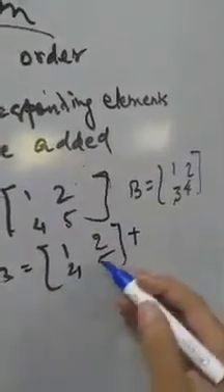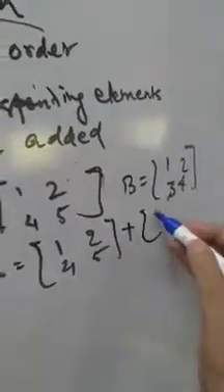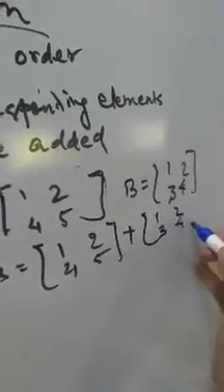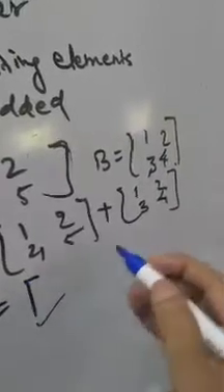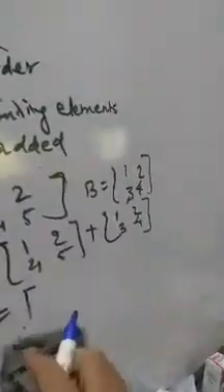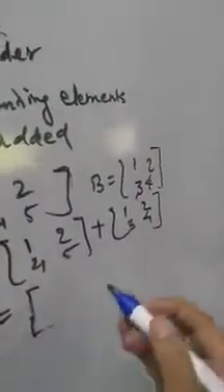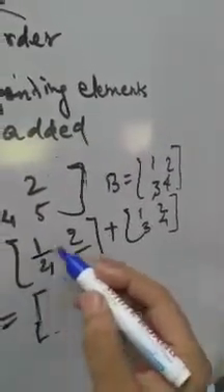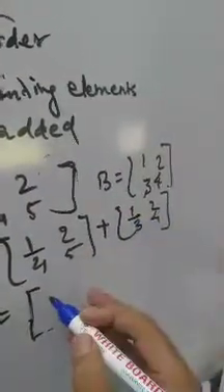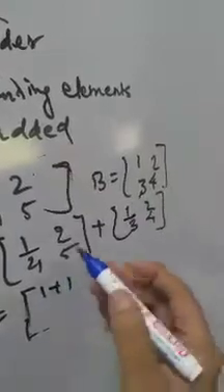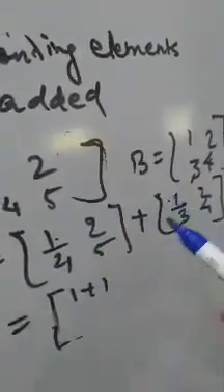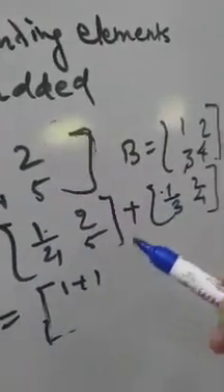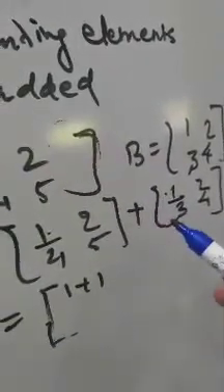Then how will we add? We will get a matrix where the corresponding elements are added up. So first row, first column element plus first row, first column element. So 1 plus 1. The first row, first column element of A is added with the first row, first column element of B. Then the next position is first row, second column.